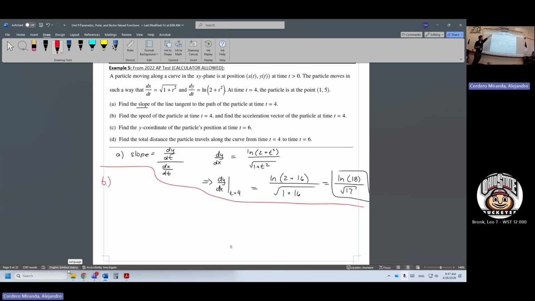The speed of the particle, as we just agreed up there, is the length of the velocity vector. In other words, the length of this vector at time 4. So the square root of 1 plus 4 squared plus the y part squared.